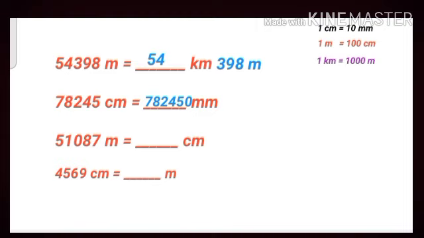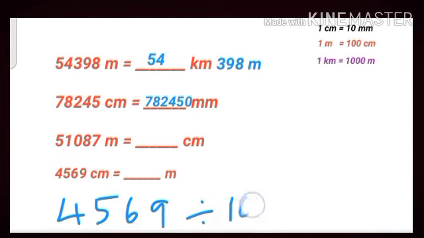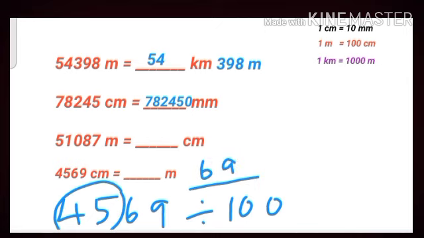So when we are dividing by 100, 4569 divided by 100, we have two zeros in the divisor, isn't it? So the last two numbers are the remainder. We can write 69 is the remainder. The quotient is 45.